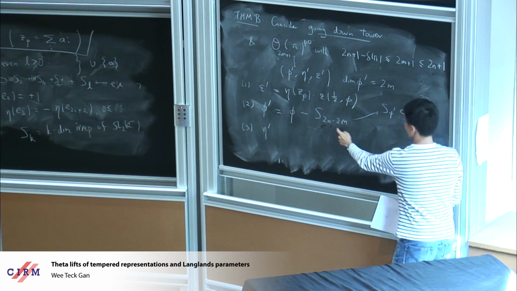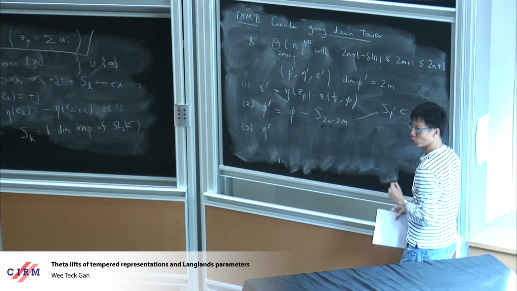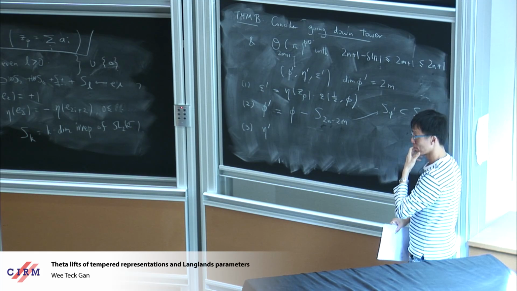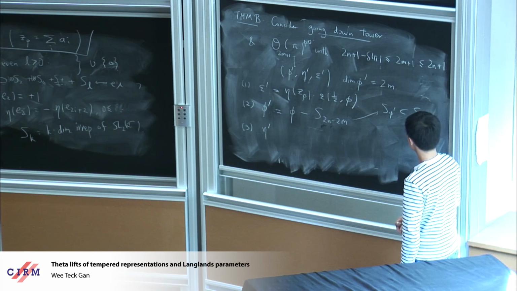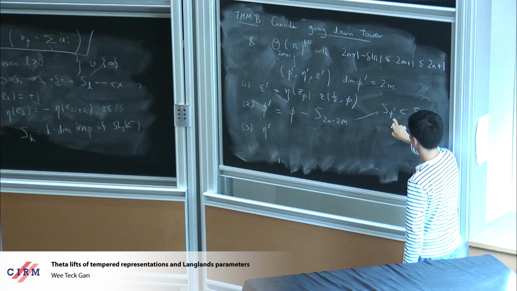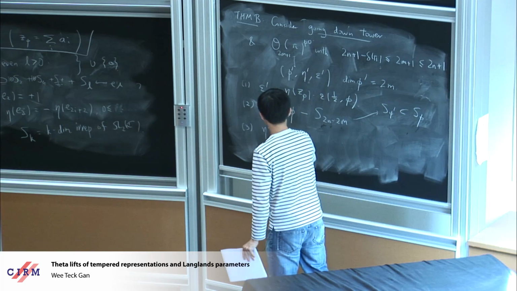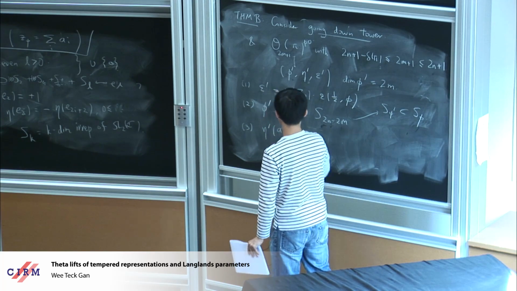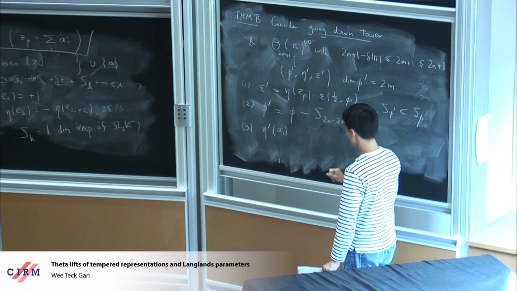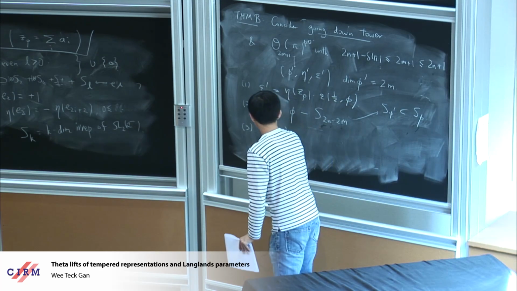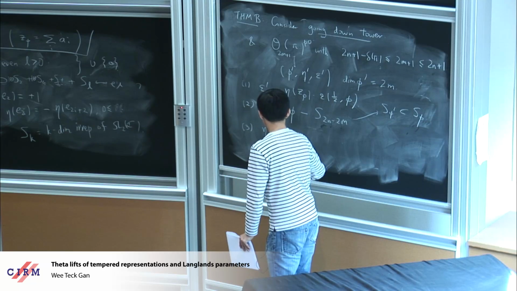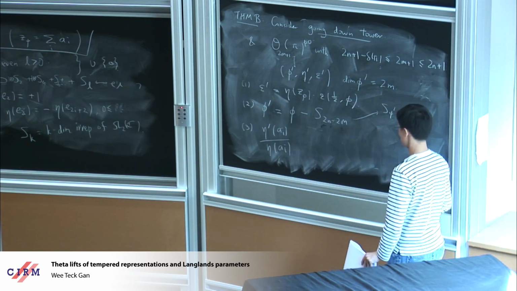This guy is one of the Z mod 2s, and I'm just dropping it. So if I were to tell you what eta prime is as a character of this, I have to tell you what value it takes at each of those basis elements different from the one that I removed. But I can compare that with the value of eta on that basis element.